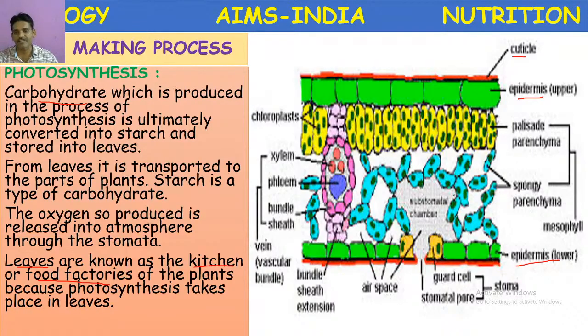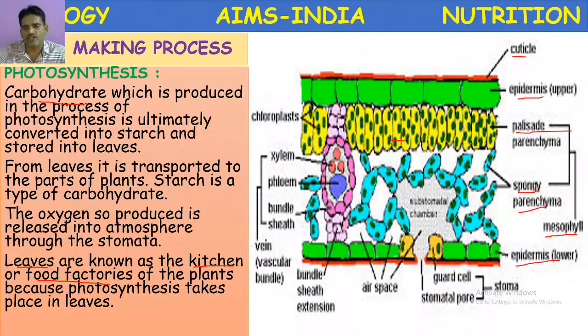In between this epidermis is the main tissue called mesophyll tissue. The mesophyll tissue is a parenchyma tissue. It is divided into two parts, upper palisade parenchyma, this is palisade parenchyma, and lower spongy parenchyma, this is spongy parenchyma.